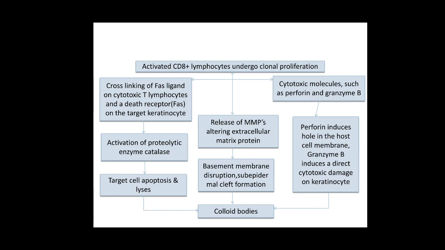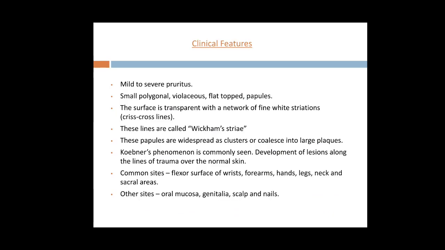Along with these apoptotic pathways, there is also release of matrix metalloproteinases, among them 9, 13, and others, leading to damage of the basal keratinocytes and formation of colloid bodies. These colloid bodies are nothing but dyskeratotic keratinocytes which are damaged by this process. And these colloid bodies are one of the diagnostic factors which help in histopathology to diagnose lichen planus.